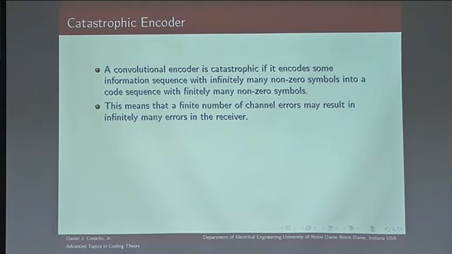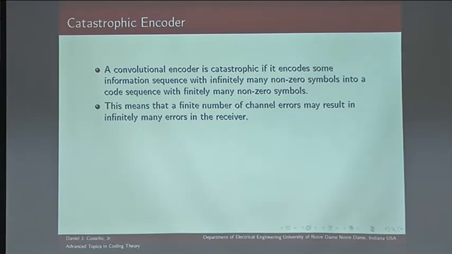Since this is a linear code, any decoder is going to decode the all zero received sequence into the all zero information sequence. But if your actual information sequence had an infinite number of ones in it, you'd make an infinite number of decoding errors with a finite number of channel errors.